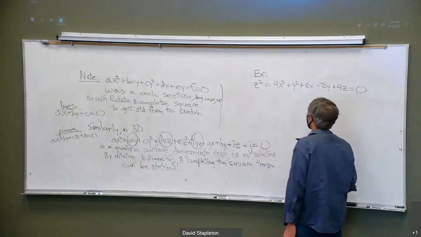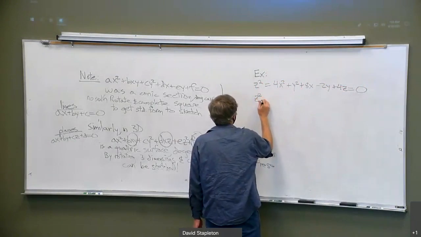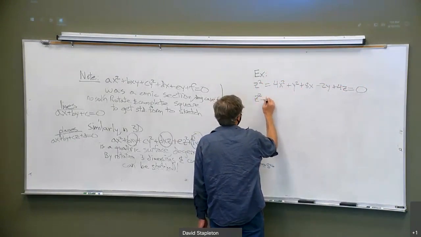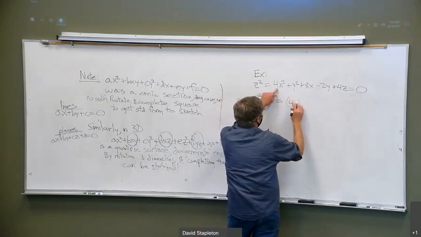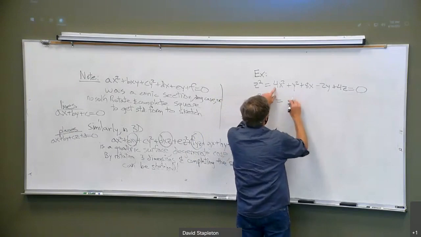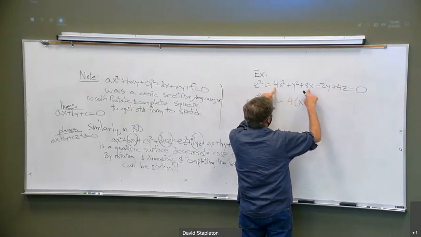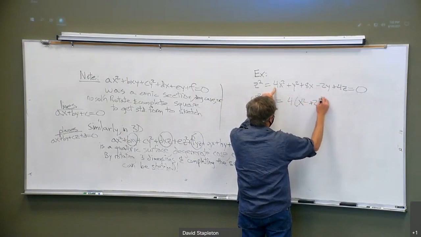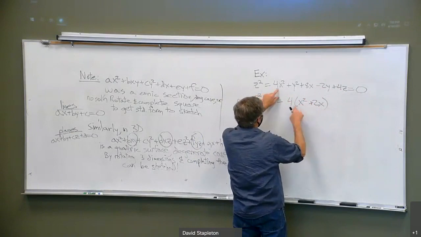I subtract the 4z over here, and I'll write this as z squared minus 4z equals, and I'll combine the x terms. Factor the 4 out: 4 times x squared plus 2x. Take the coefficient of x squared out and group all the x terms: there's 4x squared, there's 8x.